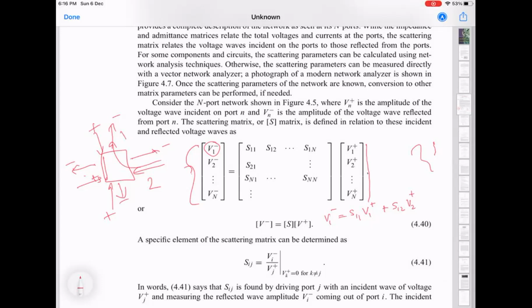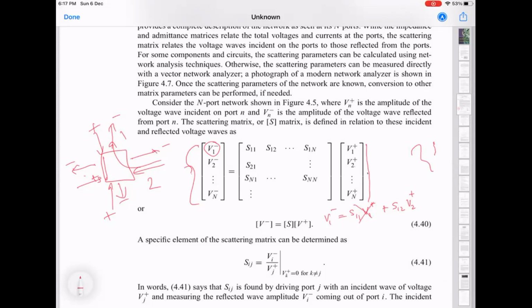Now going further down in equation 4.41, if V1 plus is set to 0, that means you're not sending a signal in on port 1, so this term goes away. If you're sending in a signal at port 2, you see what is coming out of port 1.